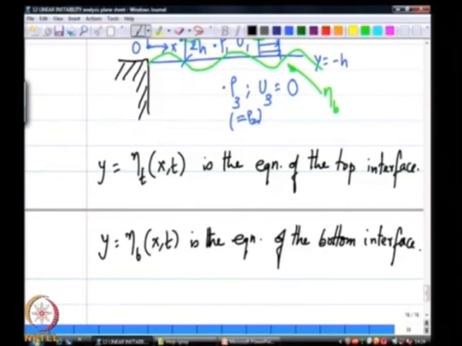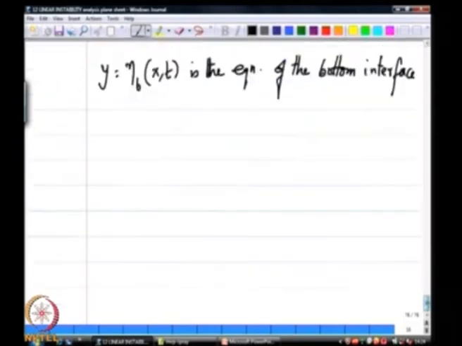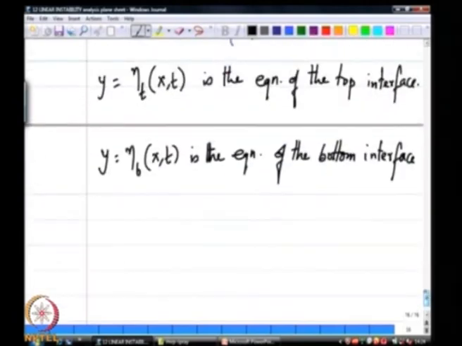Now, because of the linearity in the problem, this clearly has a functional form that is similar to the functional form that already has occurred in the pressures.